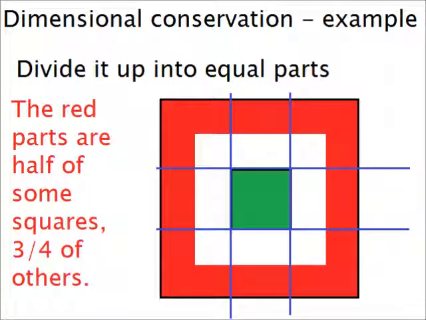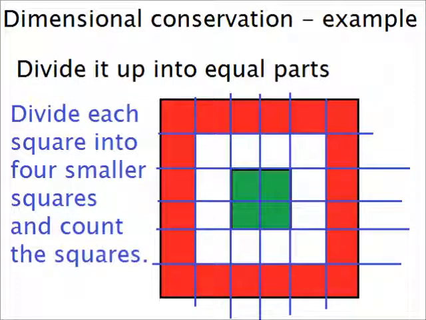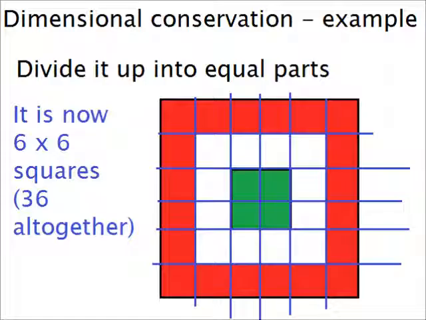The used parts, which are highlighted in red, are half of some squares, or 3/4 of the ones in the corners. We know that it's divided into halfway along the outer thickness, so we can divide each square into 4 small squares and then count the squares. This is just to prove dimensional conservation. Under this new setup, it is now 6 times 6, so you need to know your times tables for this bit.